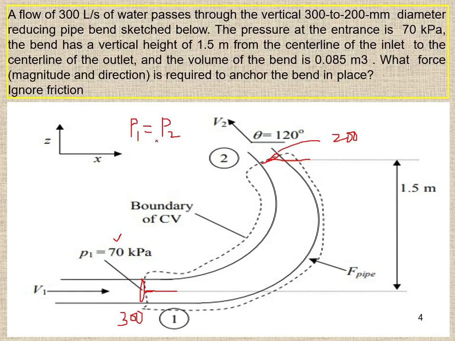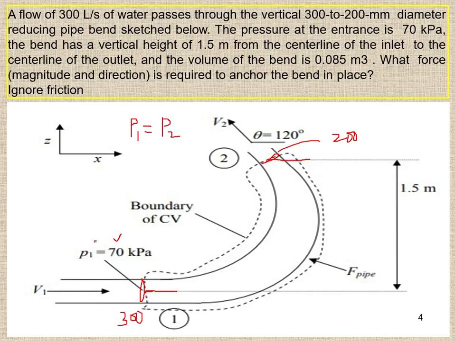Now, to solve this problem, what information needs to be known? First of all, we should know the pressure at cross section 1, the area at cross section 1, and the velocity at cross section 1. Similarly, the area, the pressure, and the velocity at cross section 2.